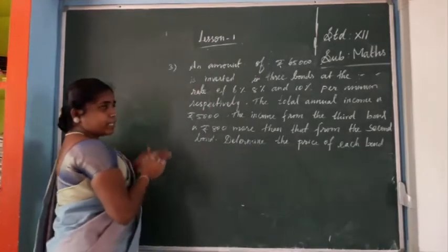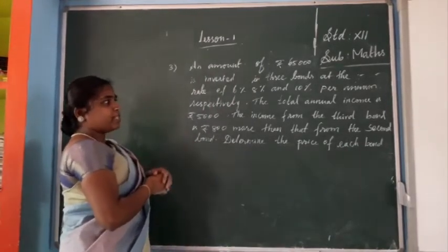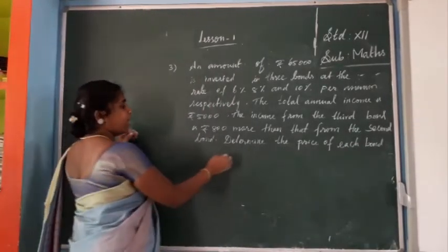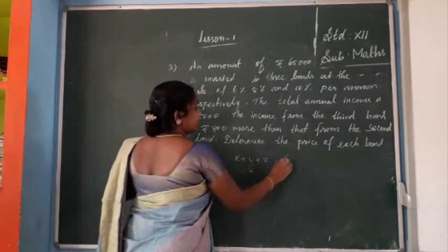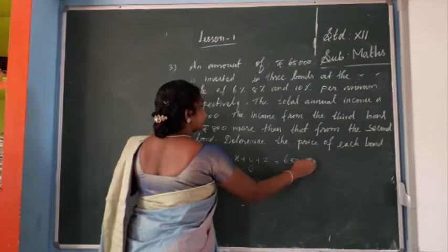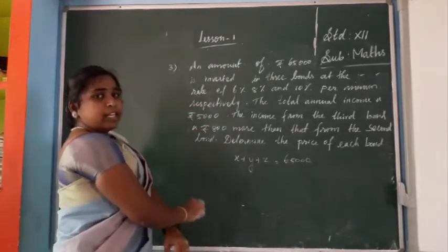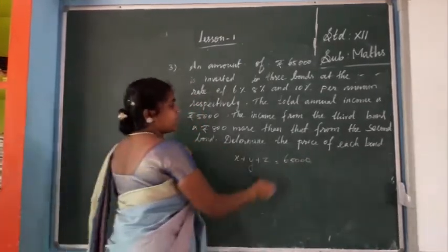That means 6% bond plus 8% bond plus 10% bond, so you can write x plus y plus z equal to 65,000. Isn't it? This is the first equation.